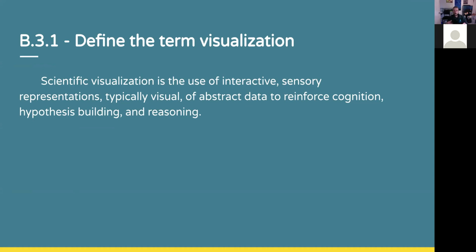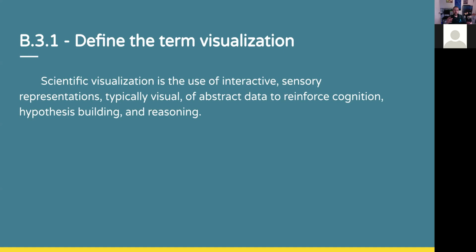So you can have a variety of different sensory representations of visualization. However, most of them, especially the ones we're concerning ourselves with, are going to be visual. They won't necessarily be something we can touch, but that is something to keep in mind.